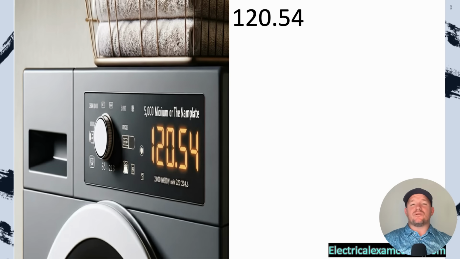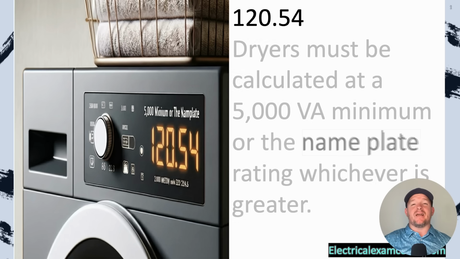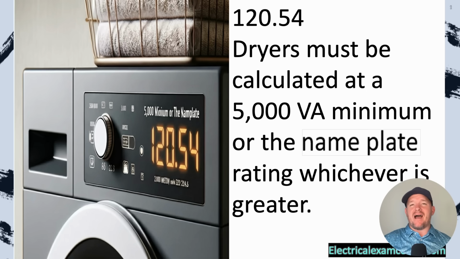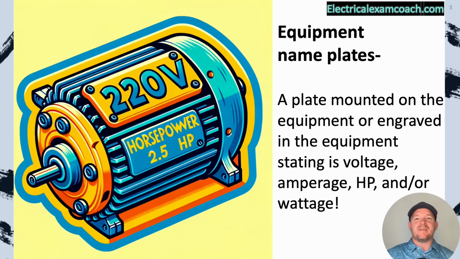When we get to section 120.54, we find that dryers must be calculated at a minimum of 5,000 VAs each or the nameplate, whichever is greater. So it's a 5,000 minimum or the nameplate, whichever is greater. An electrical nameplate is mounted on the equipment, and it can contain things like voltage, amperage, horsepower, and/or its wattage.